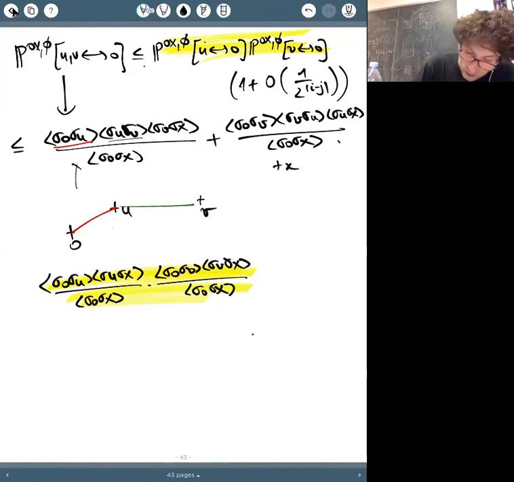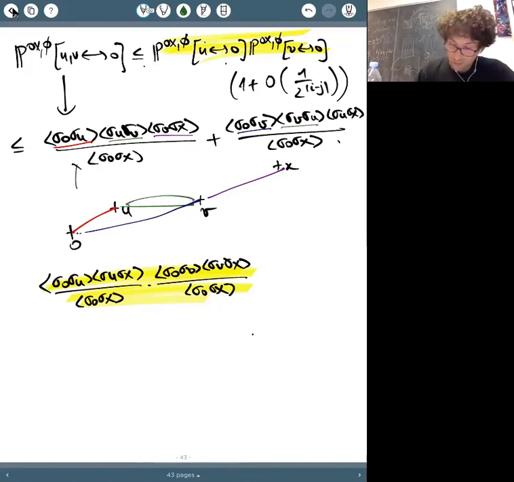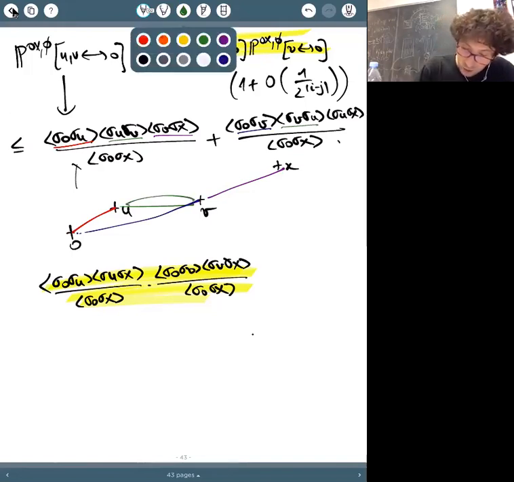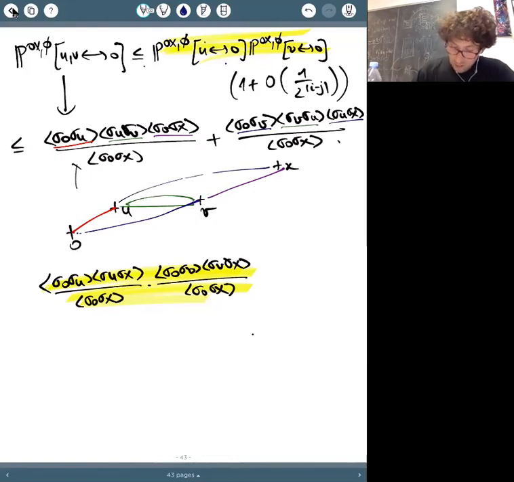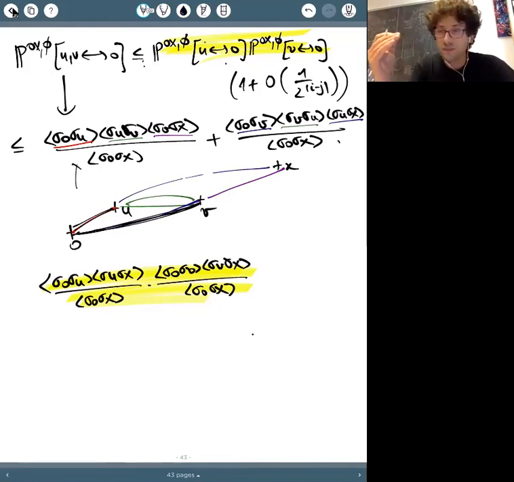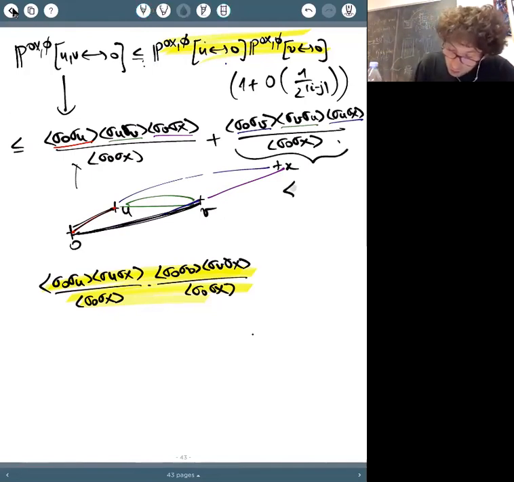And then you have x here, and this guy is this spin correlation. But in the second term, 0 v is this guy, and then v u is this guy again, and then you have this guy. But sigma 0 sigma v, this guy, is much smaller than this one, because u is much closer than v. So this second term here is negligible.